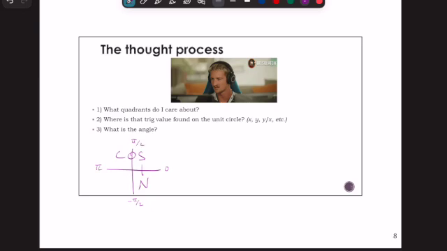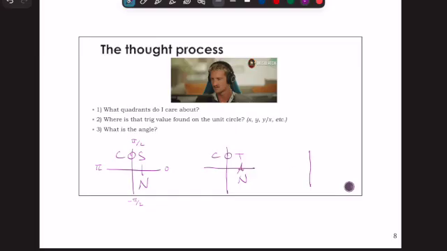Notice you've got cosine and then sine. That kind of tells me what part I use. For tangent, that's actually not correct. Cotangent will actually be 0 to pi, and tangent will be right there.